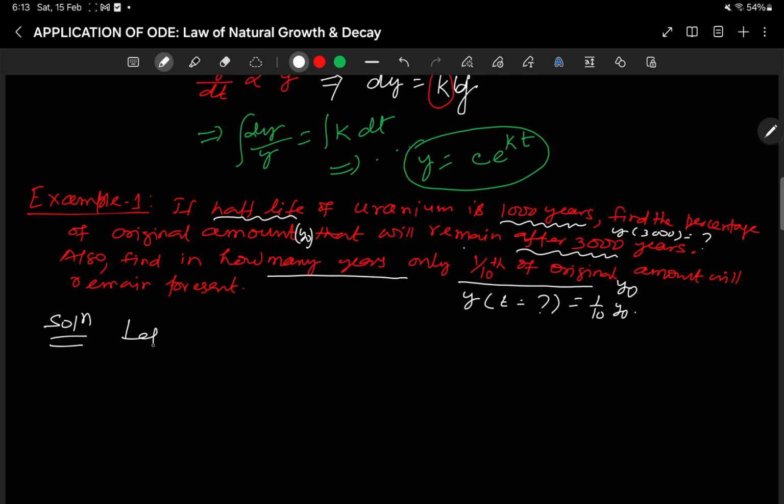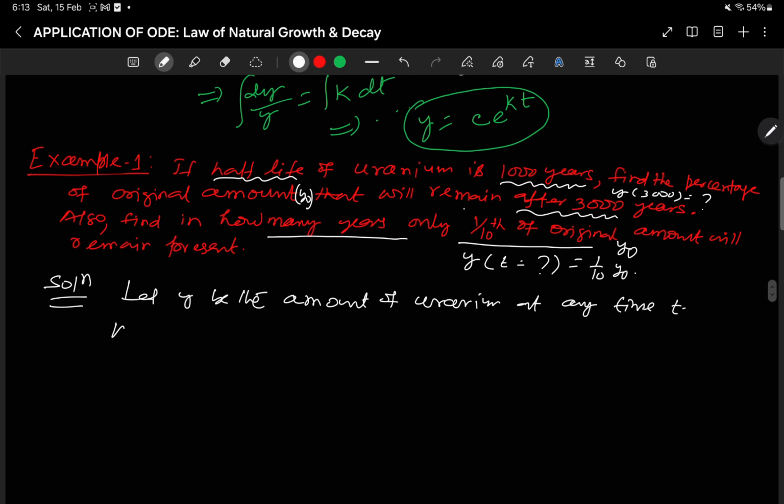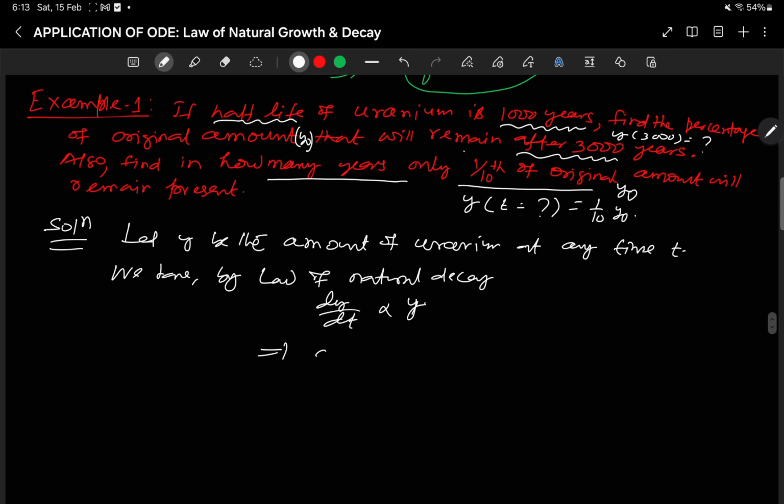Let y be the amount of uranium at any time t. Now it is a case of radioactive decay. By the law of natural decay, dy by dt is proportional to the amount y present.